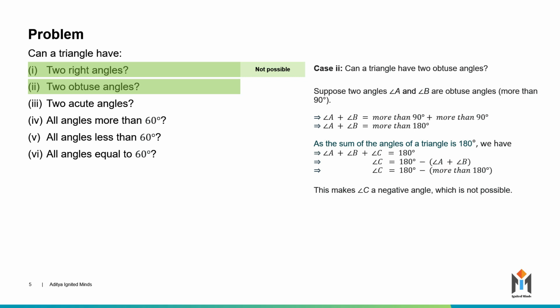Because if you are subtracting anything more than 180 from 180, it will result in a negative number. So angle C will be a negative value, which is not a valid case for a triangle. Therefore, this case is also not possible. That means a triangle cannot have two obtuse angles. Hope you are following this flow here. So, let us quickly go to case number 3.